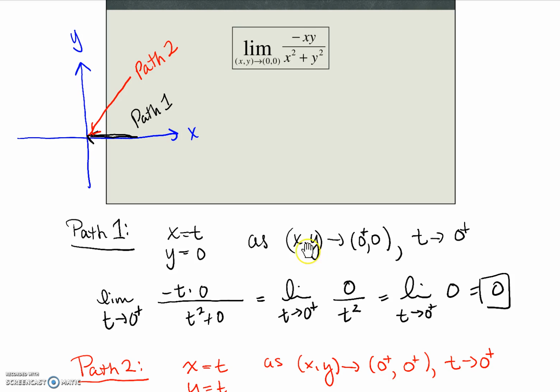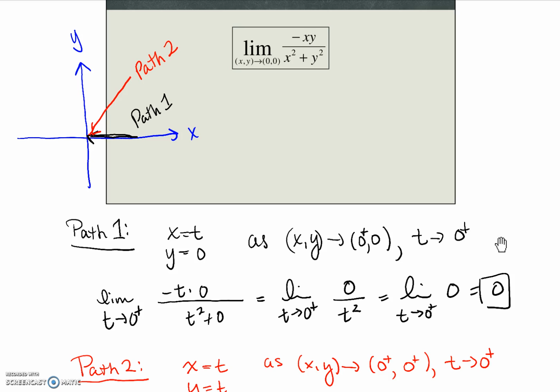And as I allow myself to move along points along this path, my xy coordinate pairs, as they approach 0, 0, that forces the t parameter to also approach 0.